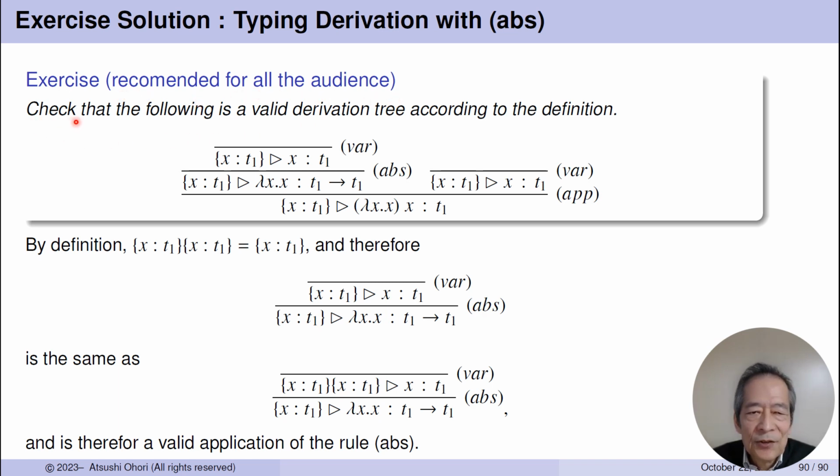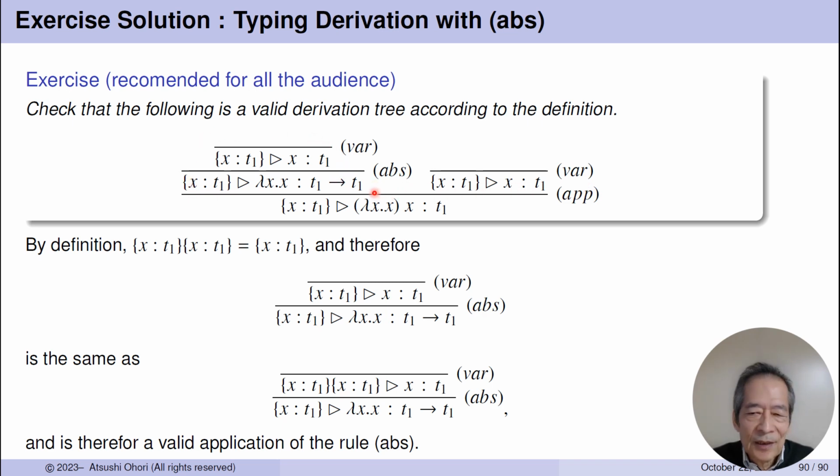The content is to check that the following is a valid derivation tree according to the definition. So this is this tree. The only strange looking part is this part where you keep this type environment, and the conclusion, x colon tau, is not eliminated, right?